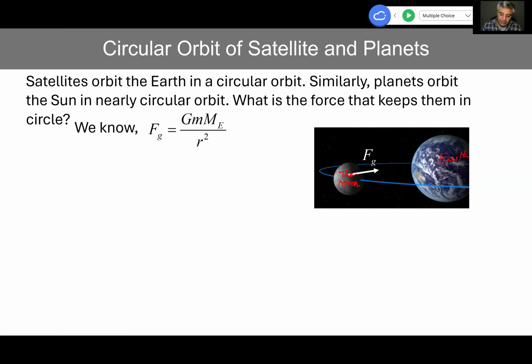So the force of gravity between any mass and the mass of the Earth is given by this equation. And see here, I did not write this as the radius of the Earth, because the Moon is not on the surface of the Earth. It is above.